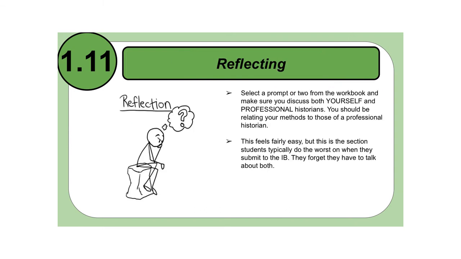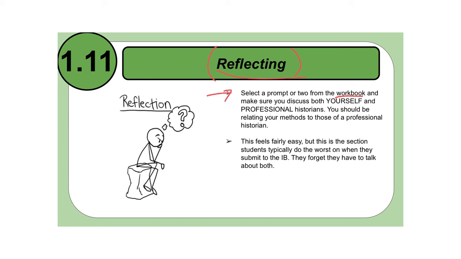So how do you go about writing this reflection, this part C? Let's talk about the reflecting part. First thing you need to do is get your historical investigation workbook. Then you're going to find the section on part C, reflecting, and there's a whole series of prompts in there. Look at those questions, and choose 2 of those prompts.